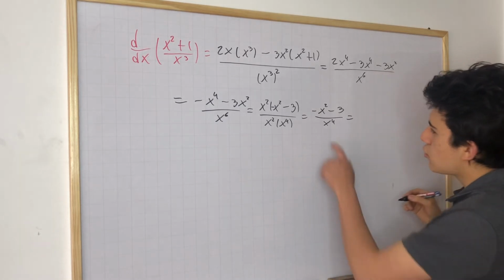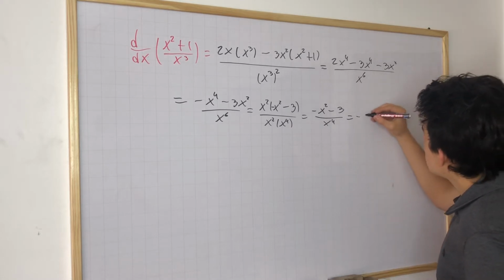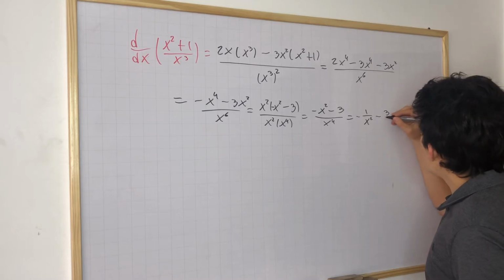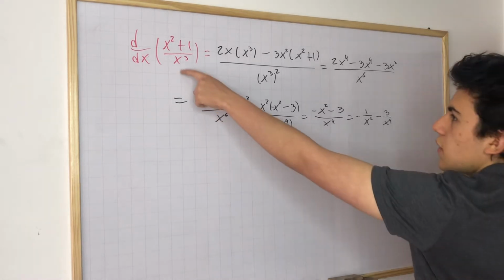And we can distribute the denominator, so we're gonna have in this case negative 1 over x squared minus 3 over x fourth. Okay, this is the derivative for this function right there.